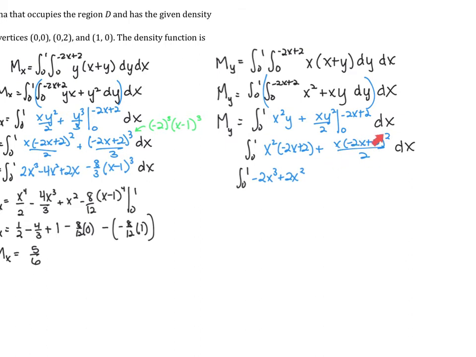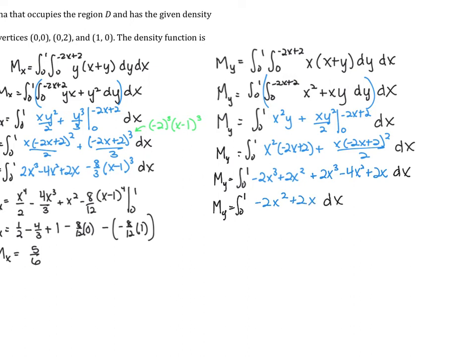This second part right here we've actually seen before. We saw this over here, so you could do the math, but I'm just going to use what we've already done. And we get 2x cubed minus 4x squared plus 2x dx. So for the moment with respect to y, let's simplify it first. I notice that there's a fair amount that will cancel out. So I end up with negative 2x squared plus 2x dx.